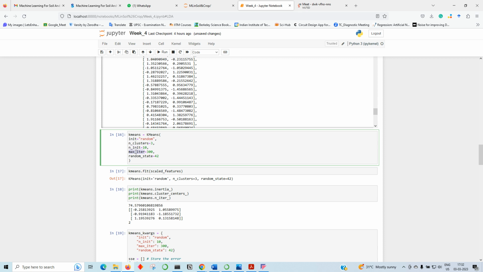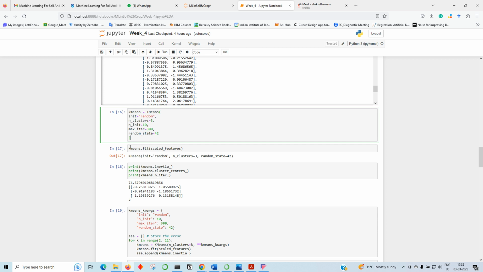We have n_init, which is the number of times the algorithm is run, so we are going to go for 10. Maximum iterations is 300, and random state 42. You can change these also. And this is the k-means model. I have defined it and stored it in kmeans.